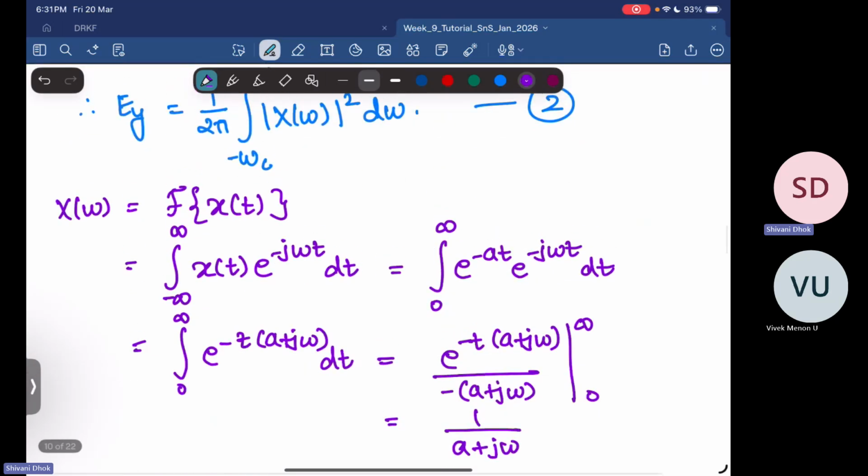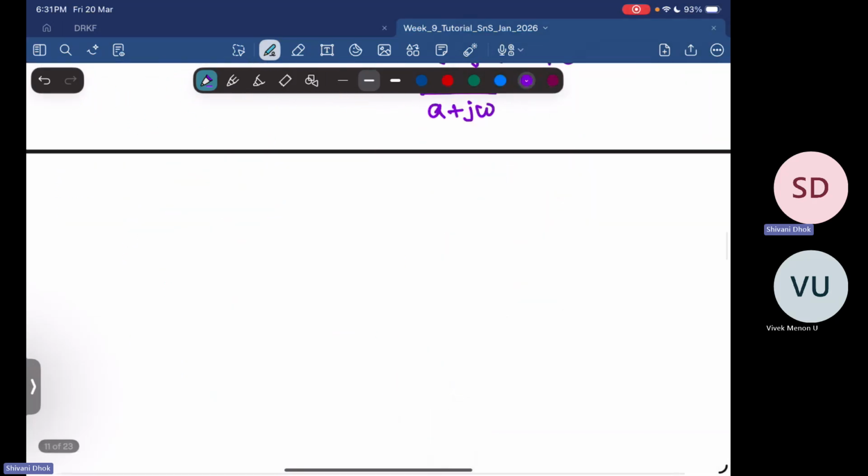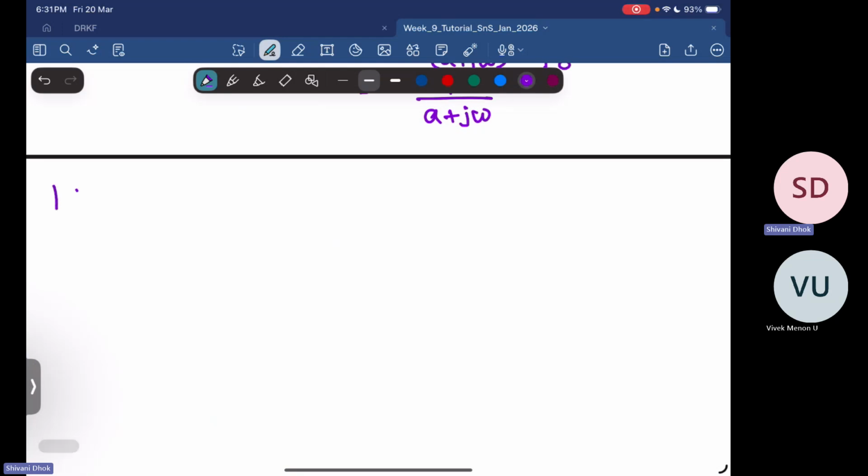But we are not interested in X of omega, we are interested in magnitude of X of omega whole square. So using this, whatever we just derived, magnitude of X of omega whole square is basically 1 over magnitude of a plus j omega whole square, which is equal to 1 upon a square plus omega square.